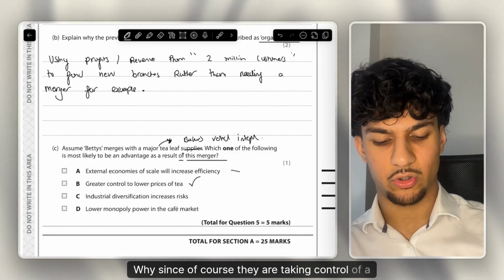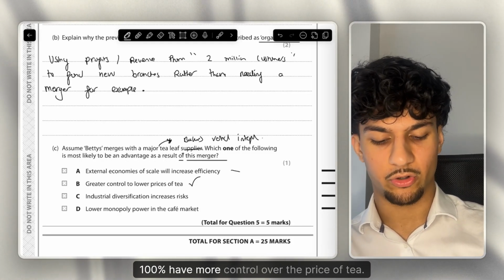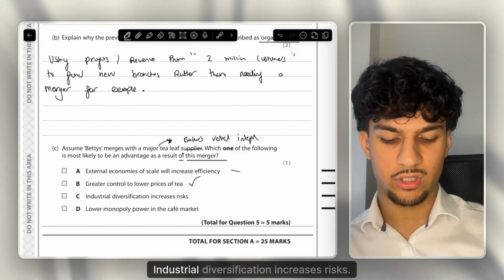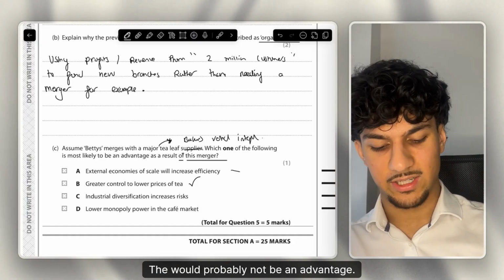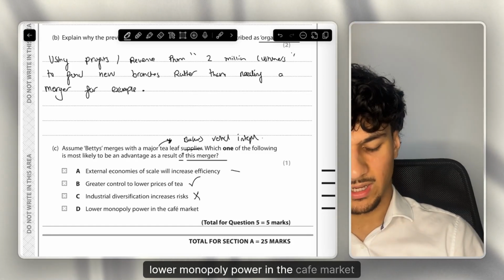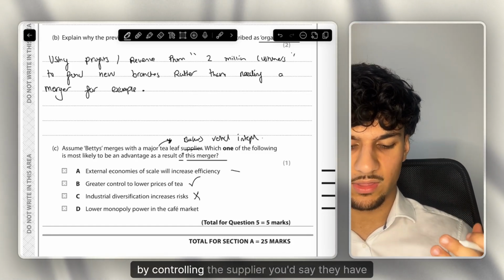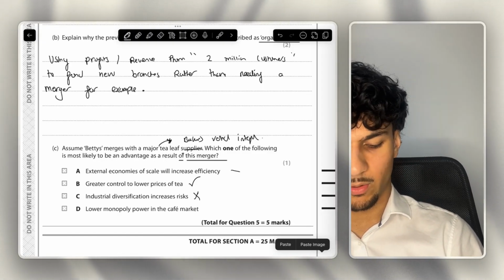Since they are taking control of a major tea leaf supplier, they will have 100% more control over the price of tea. C, industrial diversification increases risks. That would probably not be an advantage, so it's not C. And then D, lower monopoly power in the cafe market. By controlling the supplier, they would have higher monopoly power, so that would also not be correct.